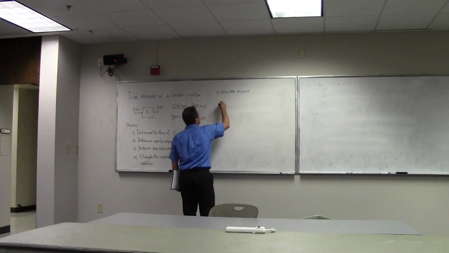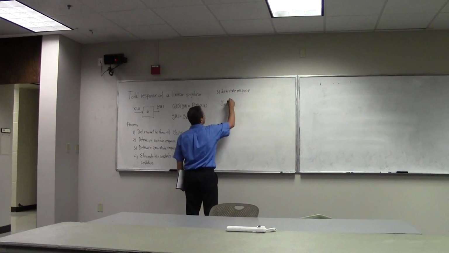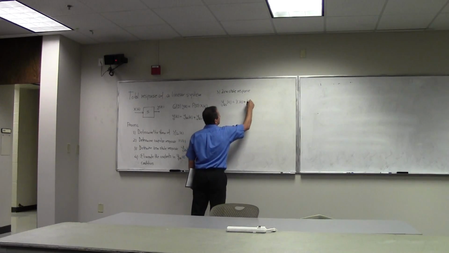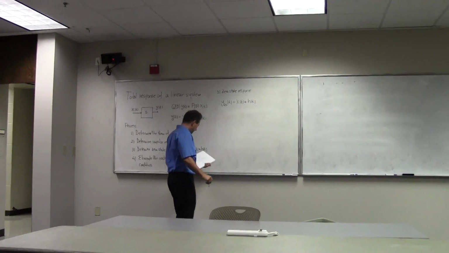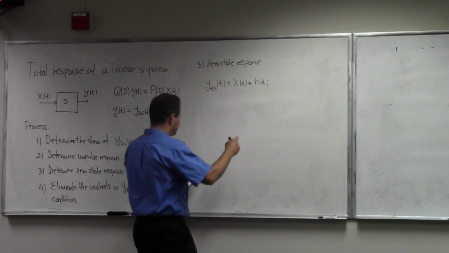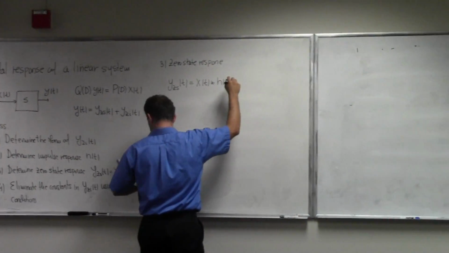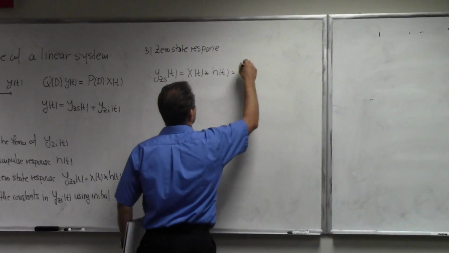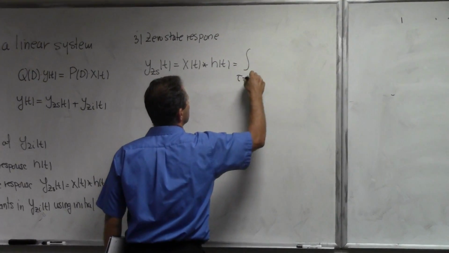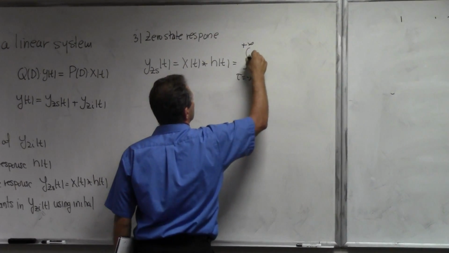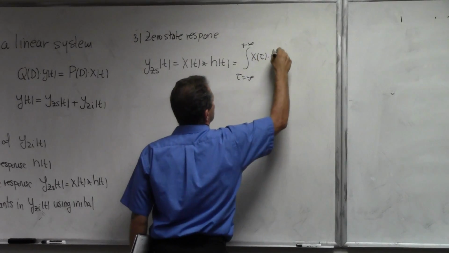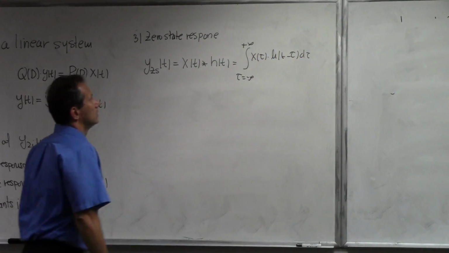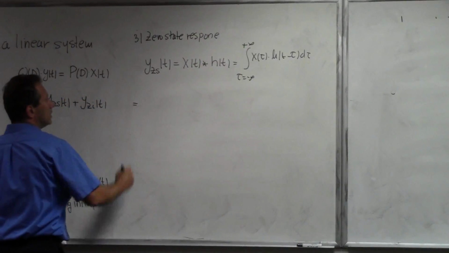We're saying that y zero state of t is equal to x of t convolved with our impulse response h of t. In this case, I'm going to write this as the integral when tau goes from minus infinity to plus infinity, x of tau times h of t minus tau d tau. So let's substitute what they are.